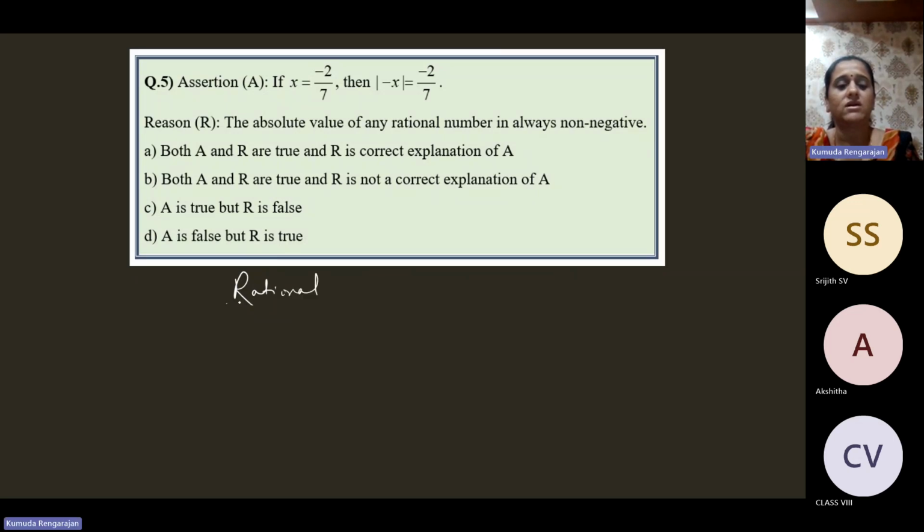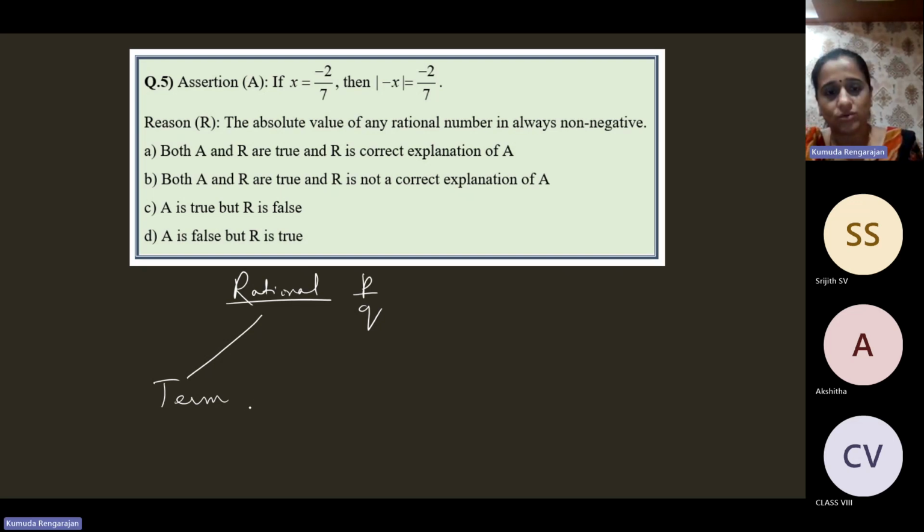I repeat, a rational number is of the form P by Q, P by Q meaning division. When you divide P by Q, case 1, the division may come to an end with a 0 remainder. You do the division process and you get 0, 25 minus 25, 0. The division comes to an end, and the quotient is a terminating decimal.